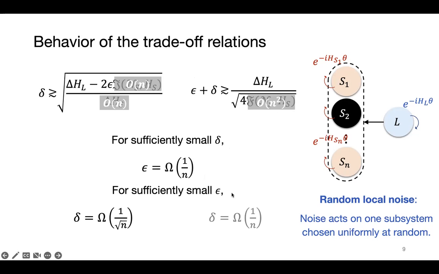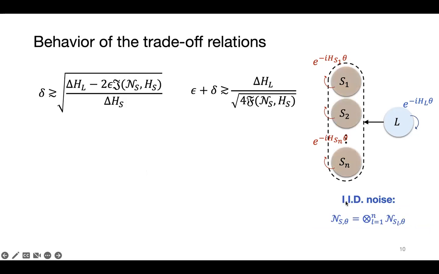And for sufficiently small epsilon, delta is going to be lower bounded by 1 over the square root of n from the first type of trade-off relation and 1 over n from the second type. So basically, we see that the first type of trade-off relation will give us a tighter bound when we consider this random local noise.